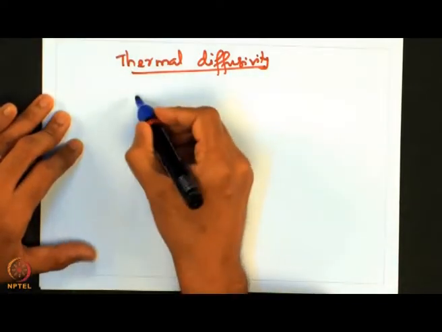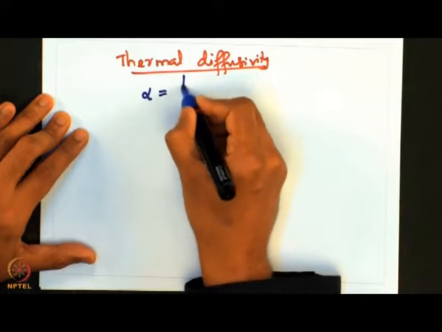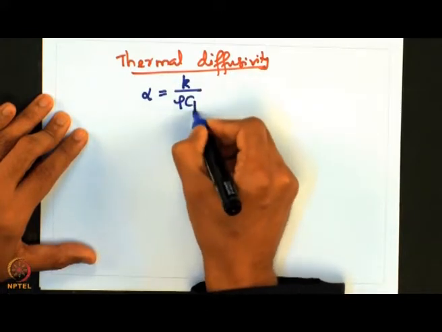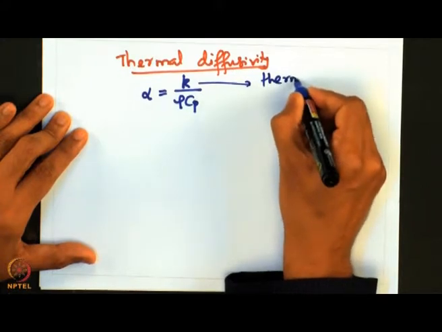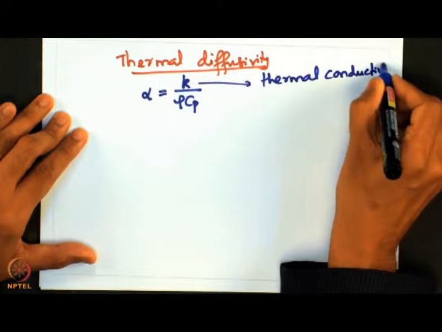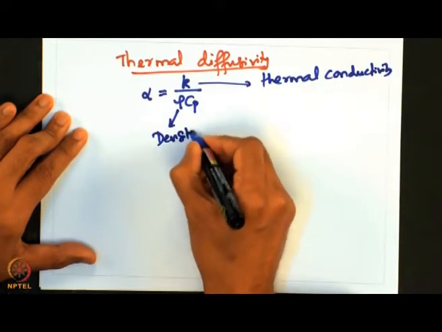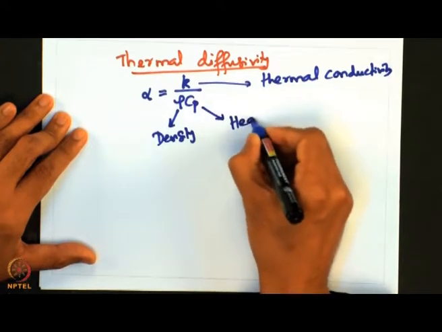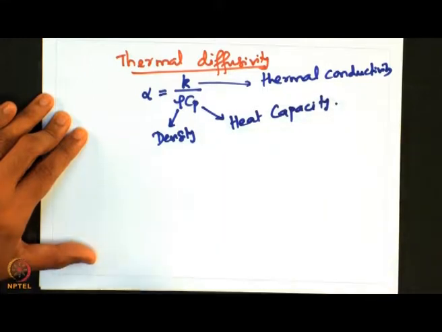The symbol typically used is alpha, which is given by K by rho Cp, where K is the thermal conductivity of the material, rho is the density of the material, and Cp is the specific heat capacity of the material.